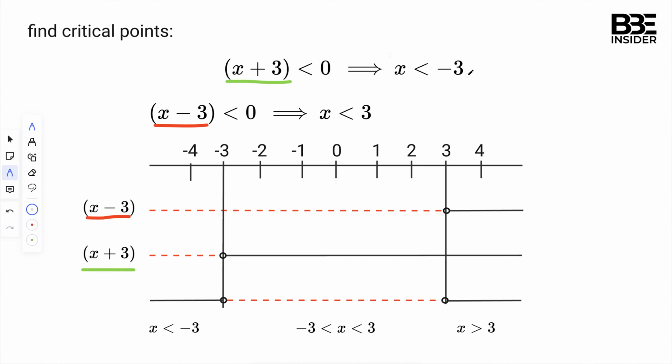In the next step, you draw vertical lines at the critical points. In this case, -3 is the critical point, and in the second case, 3 is the critical point. These critical points show us where the cutoff value is when this parenthesis is either positive or negative.